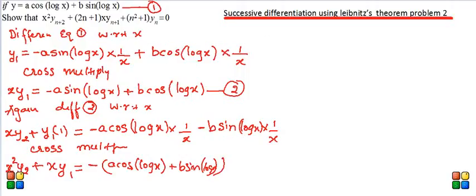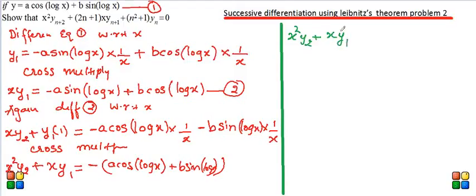So in a way we got another second derivative relation: x square y2 plus x y1 is equal to minus y, or x square y2 plus x y1 plus y equal to 0.